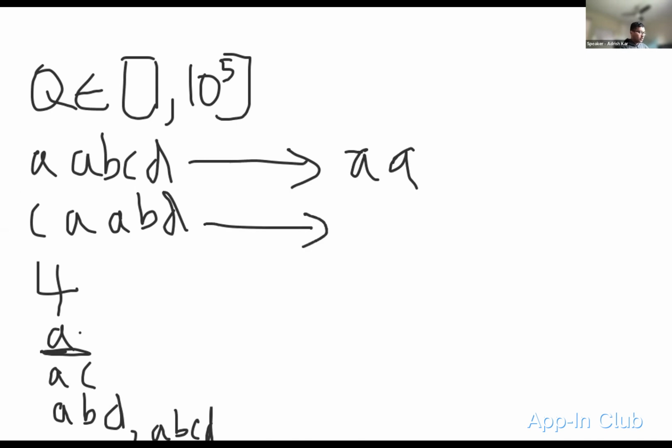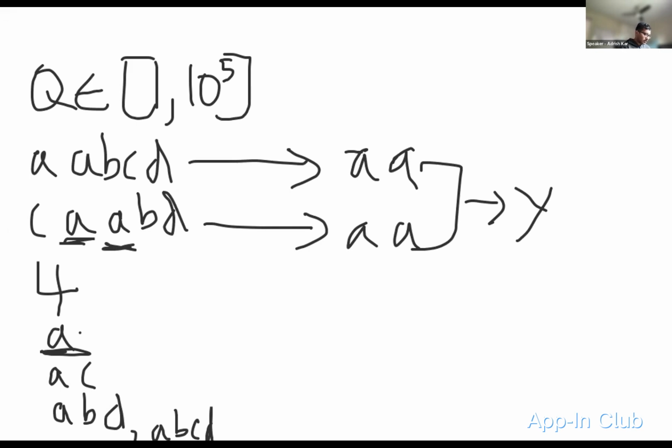We can do the same thing for the second string. So AA once again. And when we compare these, obviously these are equal. So the first character in our output would be Y, which means yes, they're equal.